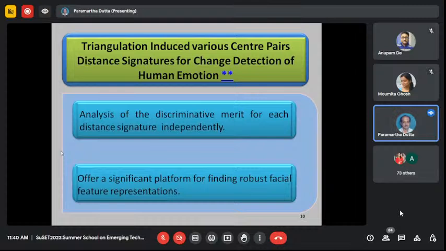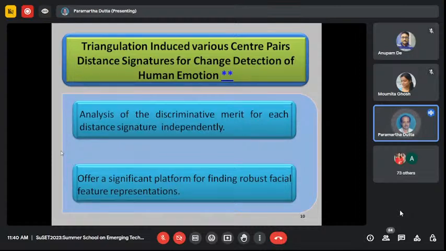Triangulation means, as we shall see very soon, since we are dealing with a geometry-based approach, that there are certain salient points in a typical face.